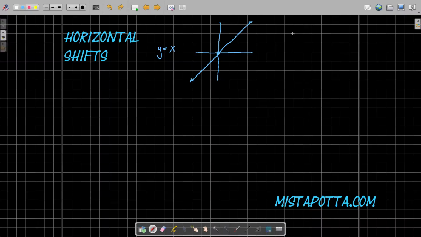If I want to move this to the right, then I need to actually get some point over here, and over here, and over here. All of these points that I just plotted, I really need to move them over to the right.